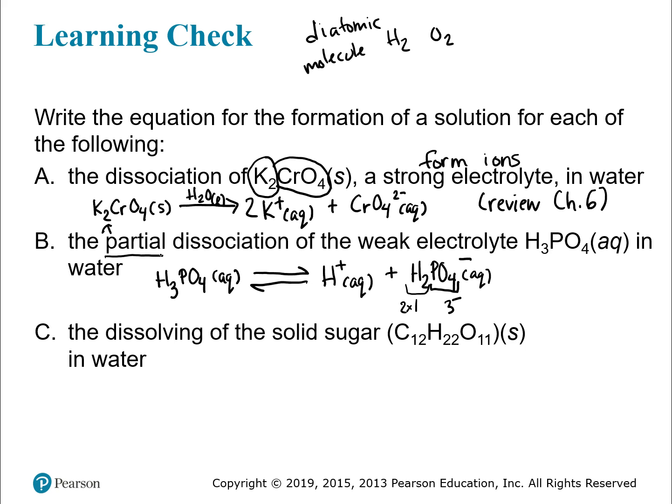So when we're talking about solutes and solvents, the interaction between the solvent and the solute has to be strong enough to overcome the solvent-solvent interactions and the solute-solute interactions. With these weak electrolytes, the interactions are not strong enough. So the electrolyte would prefer to hang out together as a molecule than be broken apart.